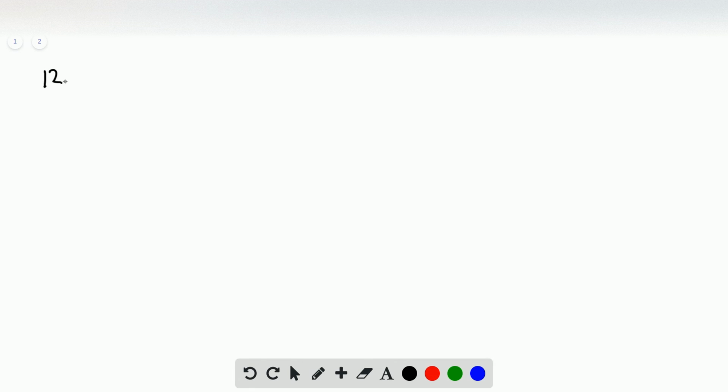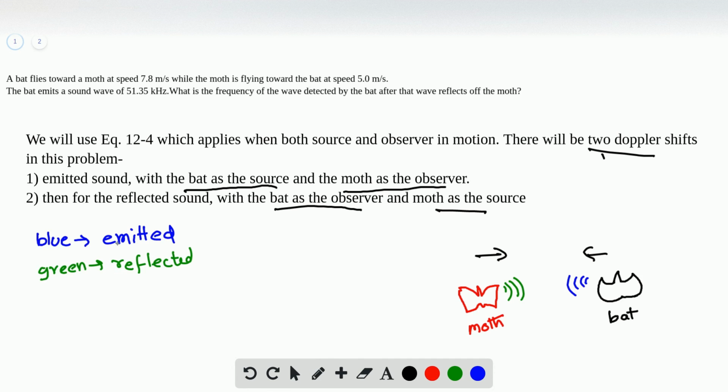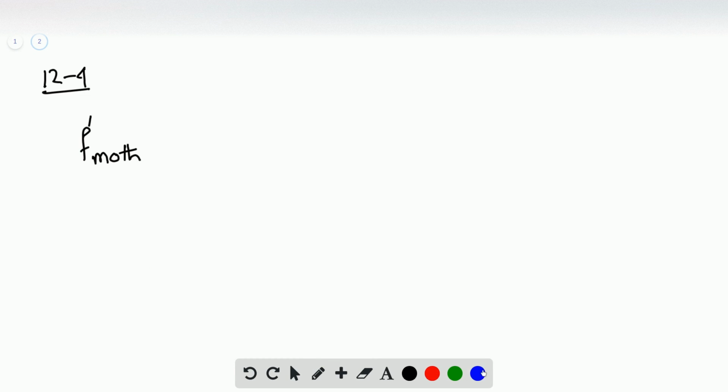So we're using equation 12.4, and if we use that, the blue one is the emitted and the green one is the reflected. So this is for the emitted part where the moth is the observer. So that's emitted.